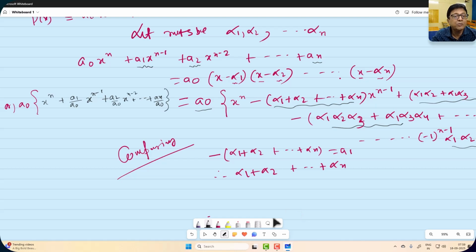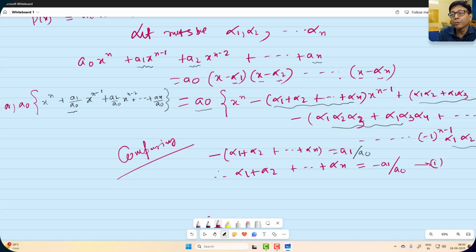Hope you have understood. Now if we compare two sides, this minus of this thing is going to be a1 by a0. So alpha 1, alpha 2, alpha 3, alpha n, if we transfer minus sign on right side, it is going to be minus a1 by a0.